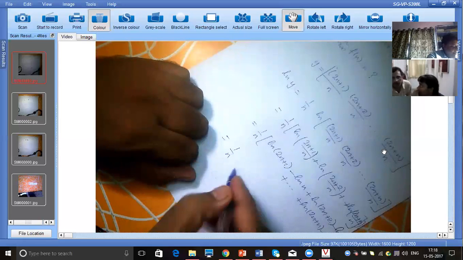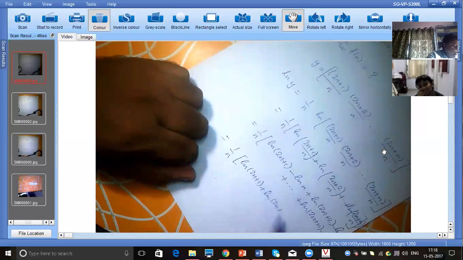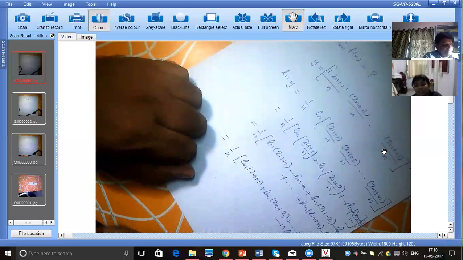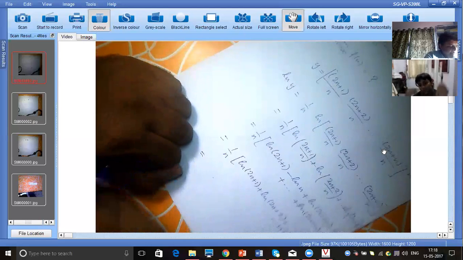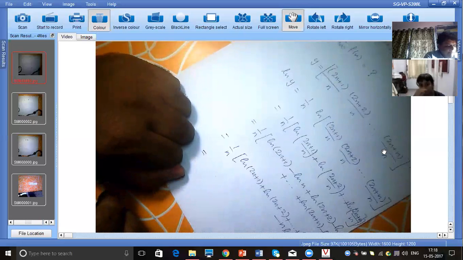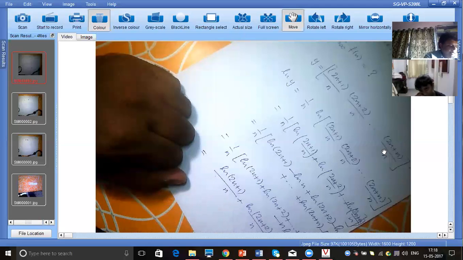So 1 by n times log of 2n plus 1 plus log of 2n plus 2 plus so on up to log of 2n plus n, minus n log n. Then you take 1 by n inside, and the 1 by n into n goes. So 1 by n times log of 2n plus 1 by n plus log of 2n plus 2 by n, and so on, up to log of 2n plus n by n, minus log n.